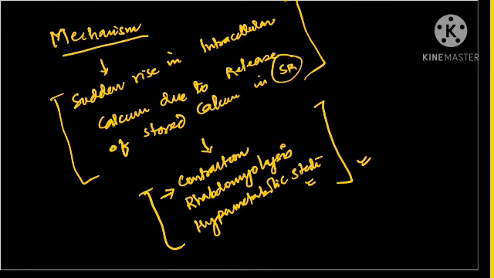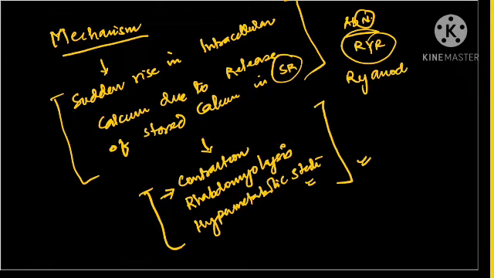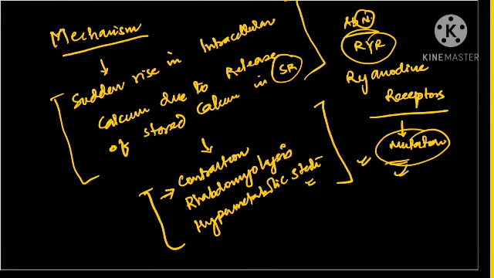What is the reason for this? Because there is an abnormality in ryanodine receptors. There is a mutation in the ryanodine receptor. This causes malignant hypothermia.